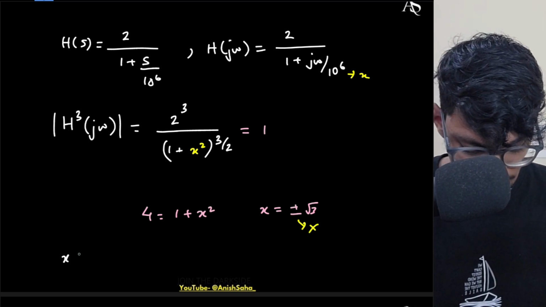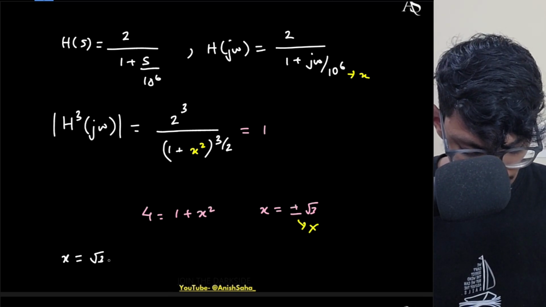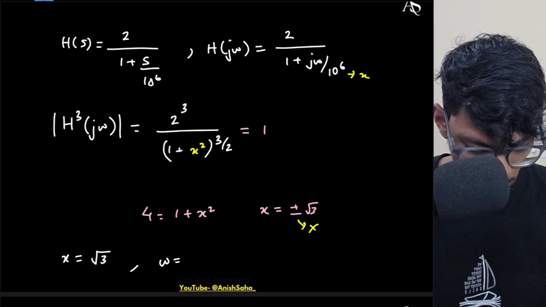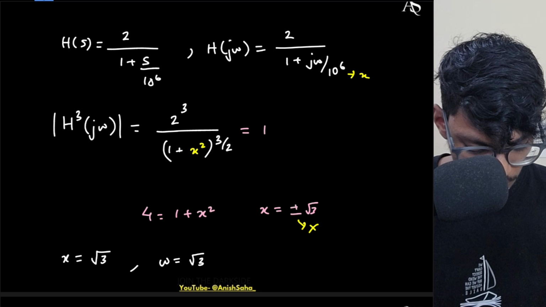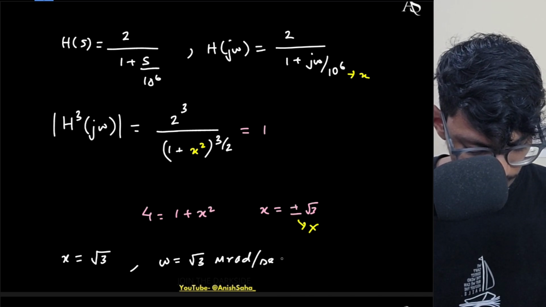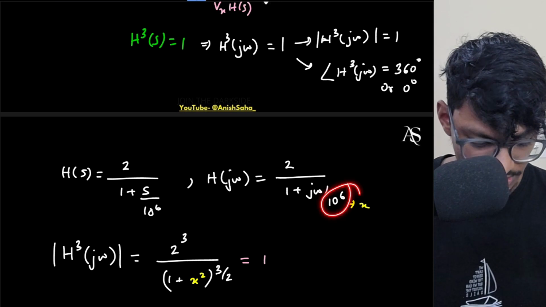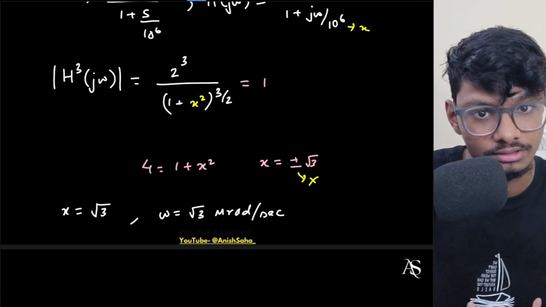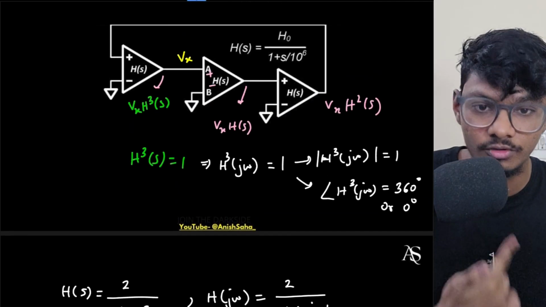So my x equals root 3, or I can say omega equals root 3 mega radian per second, as the 10 raised to power 6 was down here. So we got our omega value. So this is the frequency that we are working in. So indirectly they have told us at what frequency we are working in.